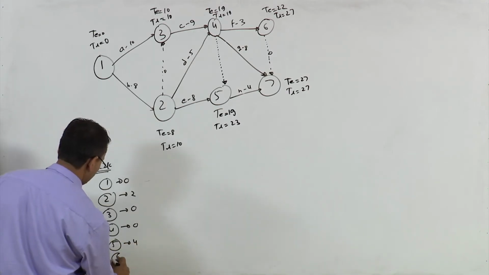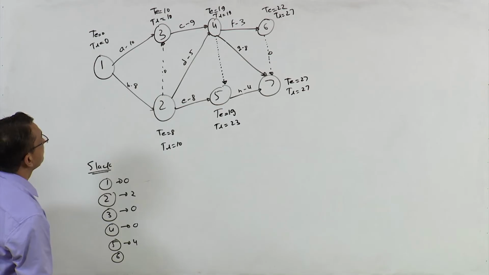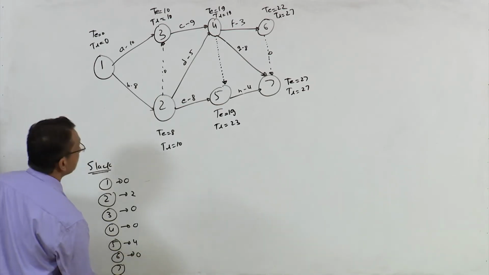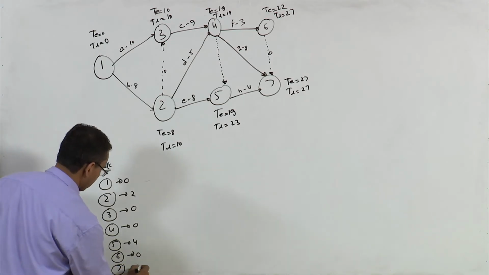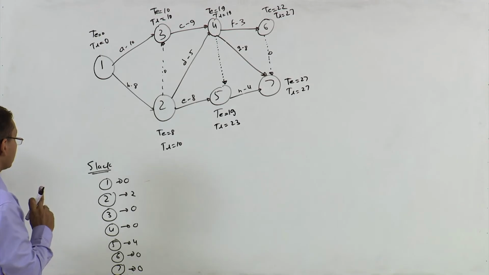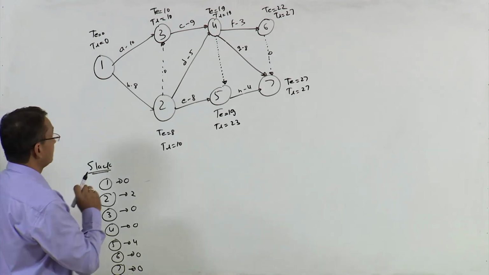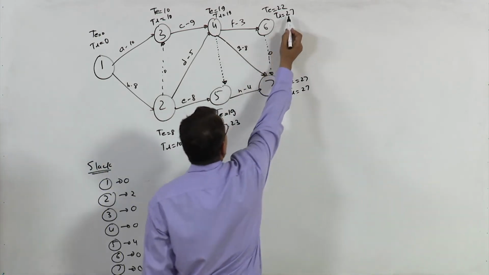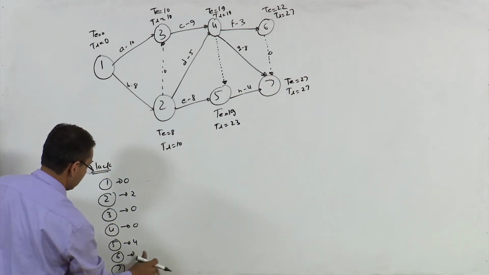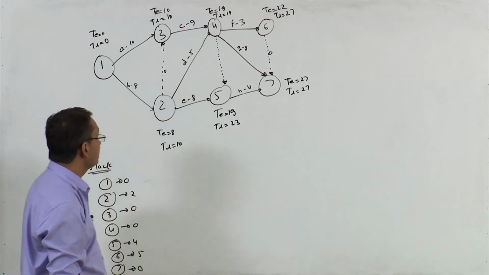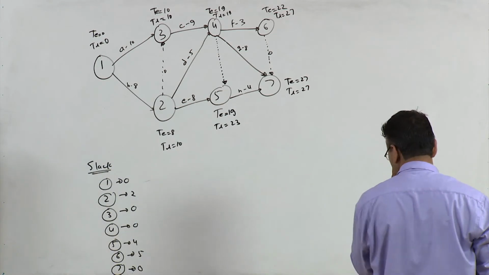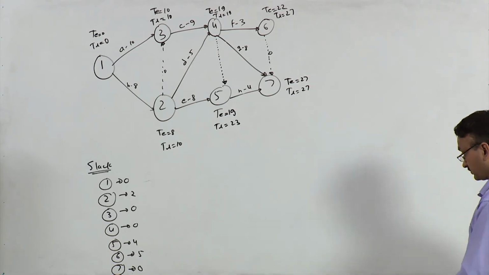Sixth node 0, and seventh node 0, right? Okay, at node 6, yeah, it's not 0, it is 5, yeah. It is 27 minus 22, right? So this is 5. So these are different slack values at all those nodes, right?